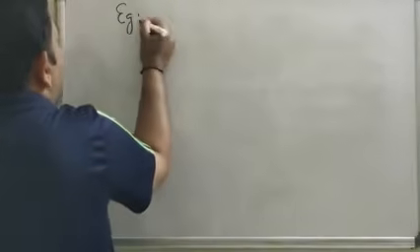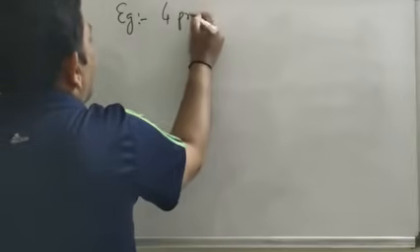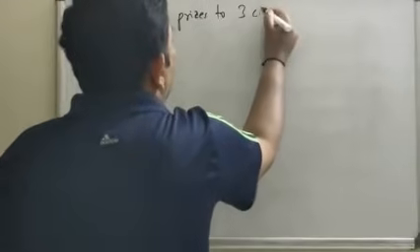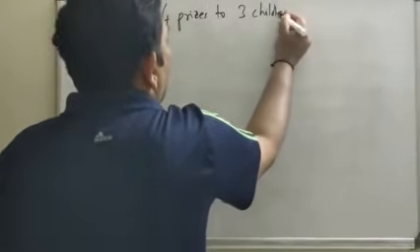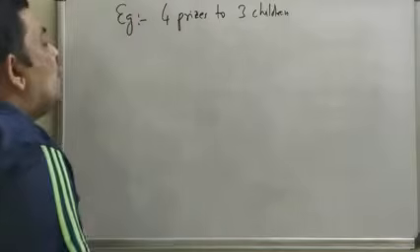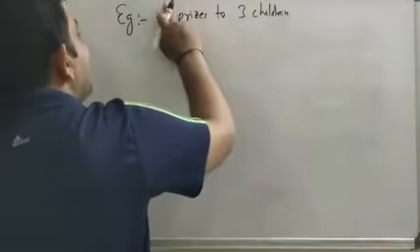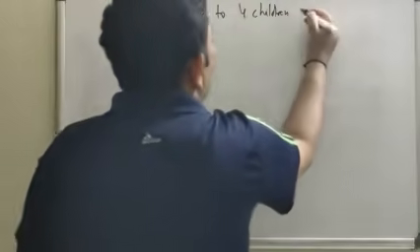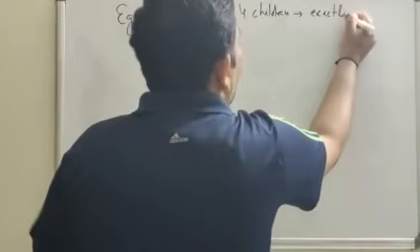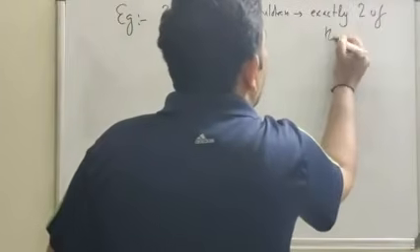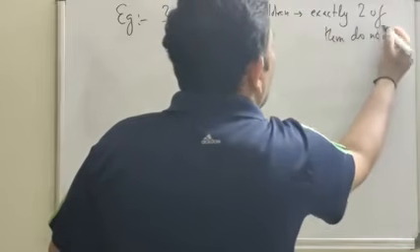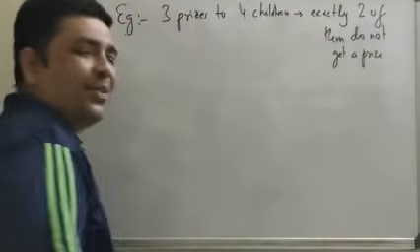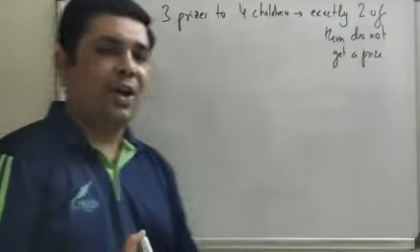The example is like this: 3 prizes to 4 children, such that exactly two of them do not get a prize. Okay, so I have an additional condition.